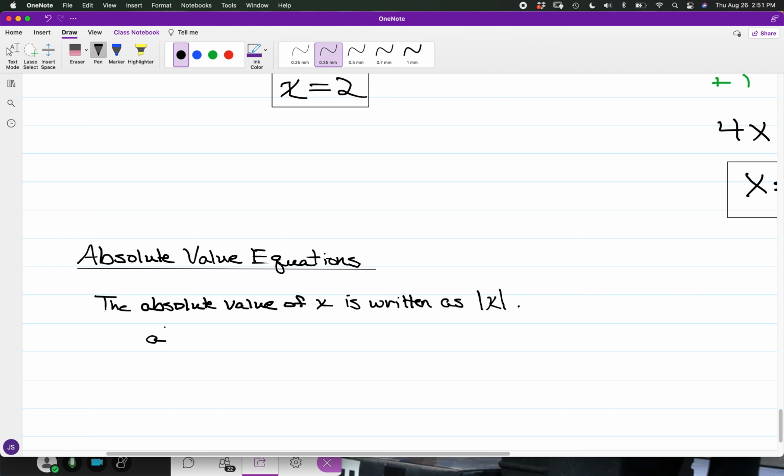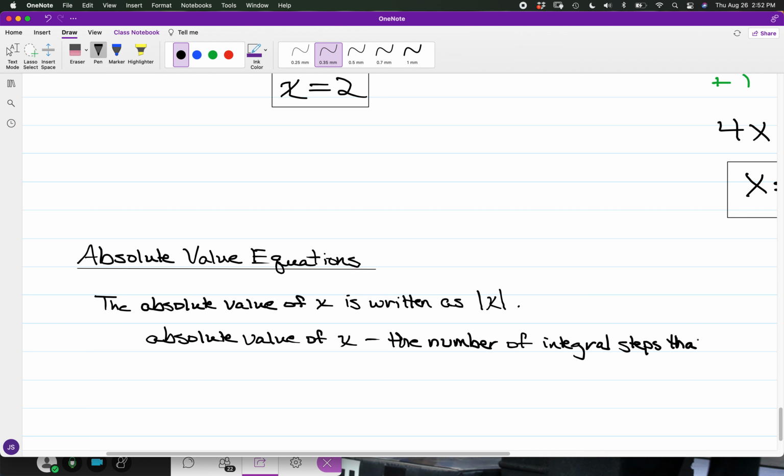And by definition, the absolute value of x is going to be the number of integral steps that x is going to be away from zero on a number line.